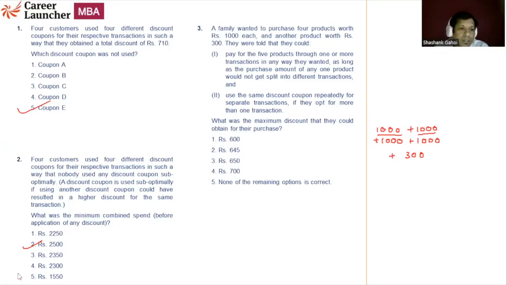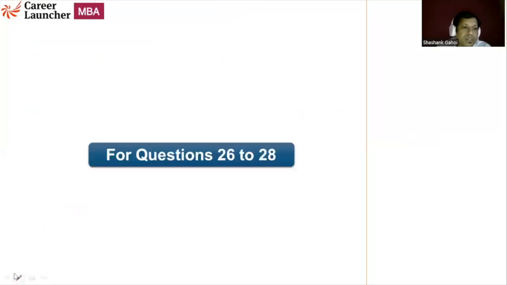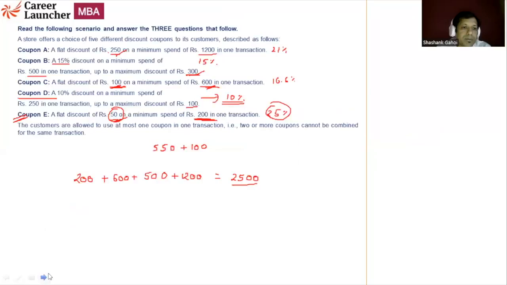So basically what I'm going to do, I have 1000, 1000, 1000, and what discounts are we talking about? If we are going to use 1000 in coupon C, my discount percent is going to be 10%.